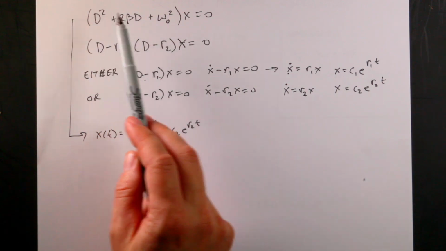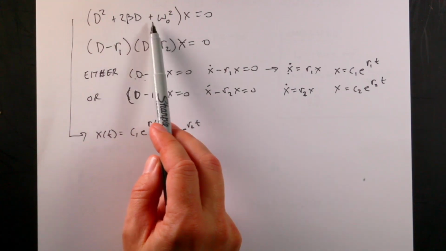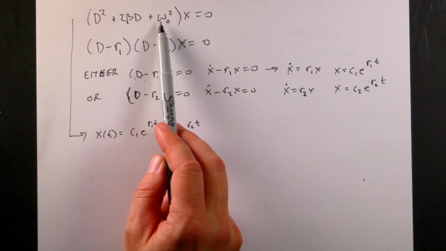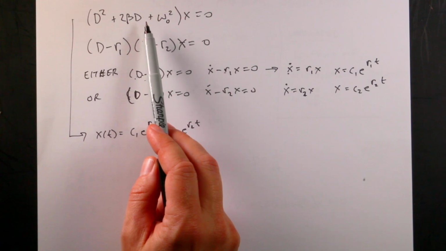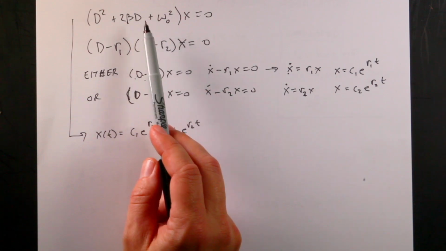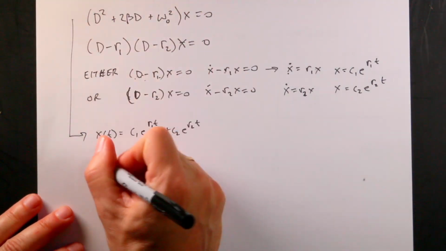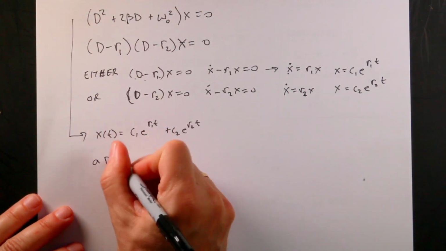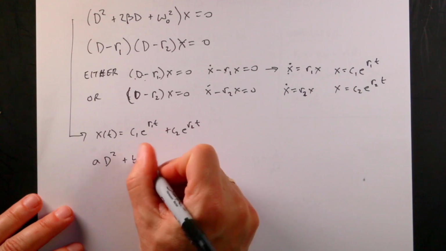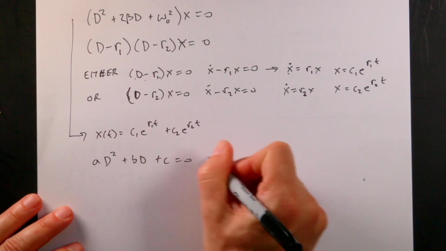Now, I have 1 times d squared plus 2 beta d plus omega naught squared, and I don't know what those factors are by doing it manually, but I can do it using the quadratic equation. So this is like a d squared plus b d plus c equals 0.